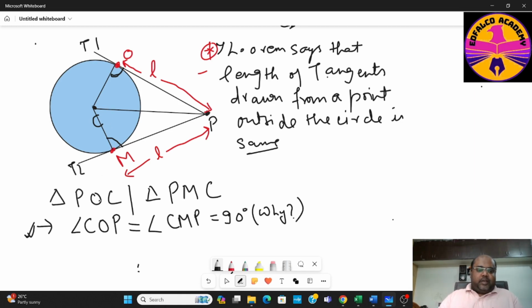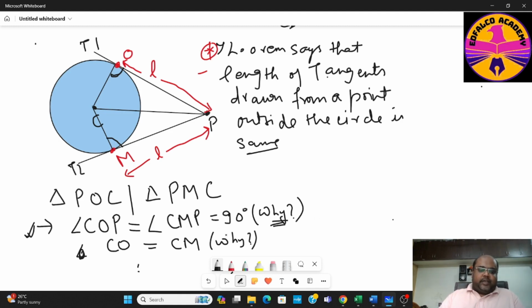Then another important thing is the side CO and the side CM are equal. Why? When you are writing your answers also, you should write it like this. Here I'm putting Why, but you have to put the definition. Instead of Why, you will be actually putting that the tangent of a circle is perpendicular to its radius.